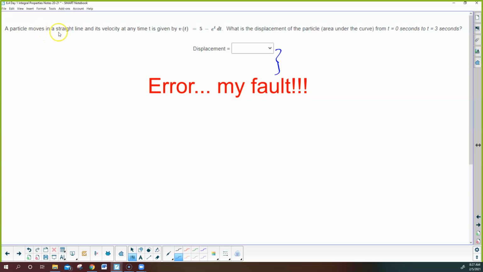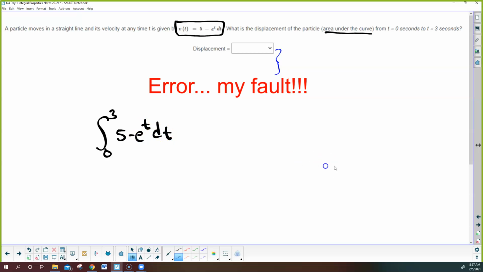really quick. A particle moves in a straight line, and its velocity is given by this function. Okay, what is the displacement? Which displacement is just the area under the curve from 0 to 3 seconds. So you were expected to set this up as the area under the curve, the integral of velocity, which the velocity equation is 5 minus e to the t.